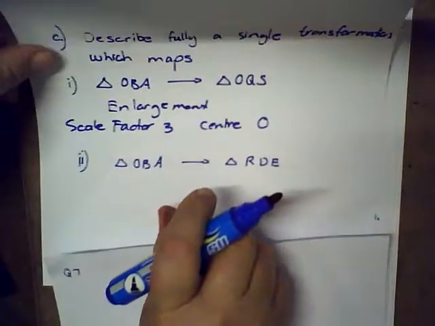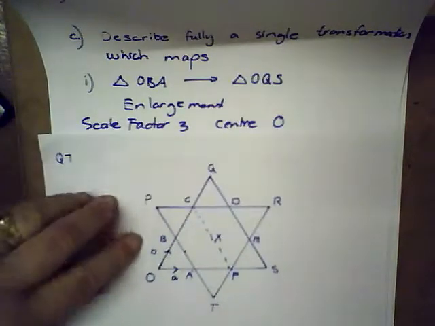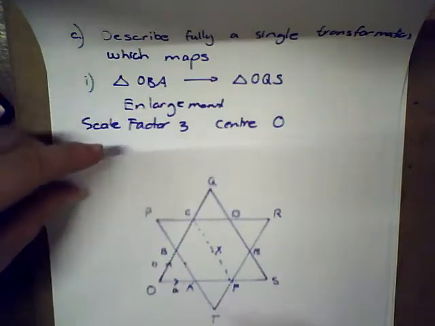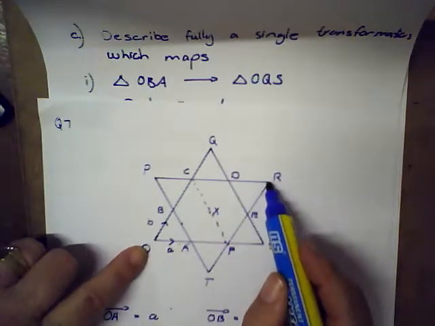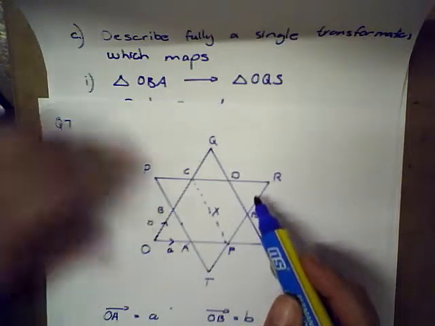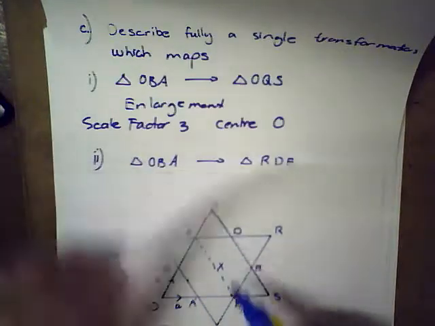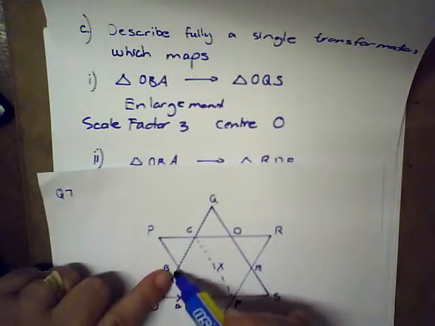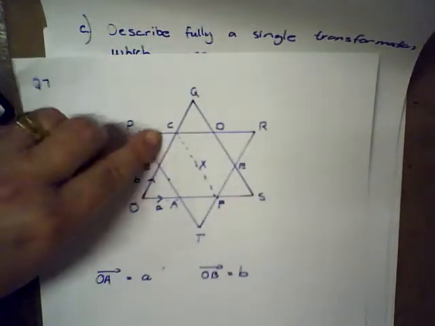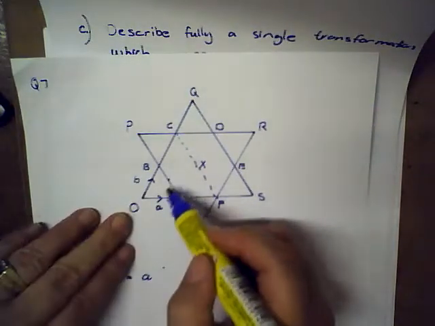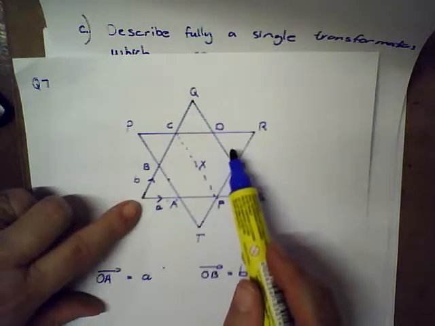Okay, so the next one, they ask us, what is the transformation that maps OBA onto triangle RDE? So O will be on O, B will be on D and A will be on E. I've drawn this CF on purpose so that you can see that CF is like a mirror, that if I flip this triangle over, it will map directly onto it.